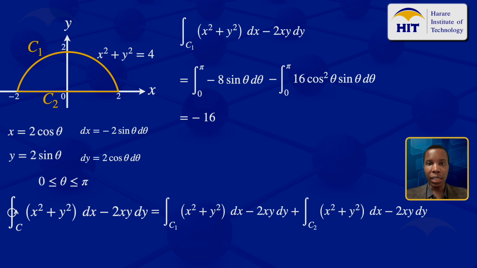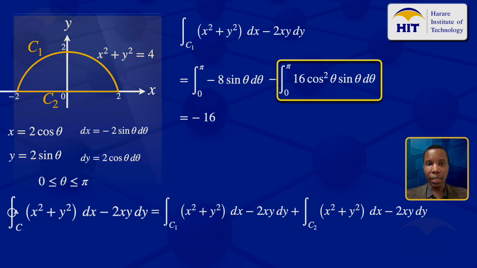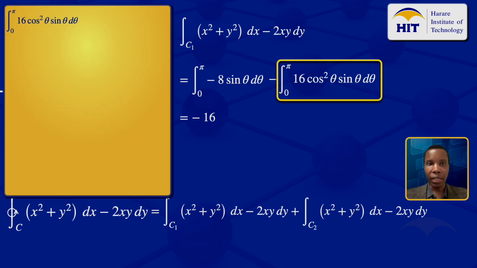Then go on to the next part, the integral of this expression here. So we are having the integral from 0 to pi of 16 cosine squared theta sine theta d theta. Factor out the 16 there, and you have 16 multiplied by the integral from 0 to pi of cosine squared theta sine theta d theta.